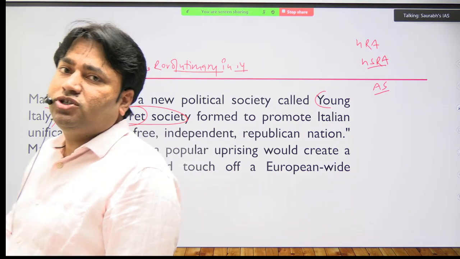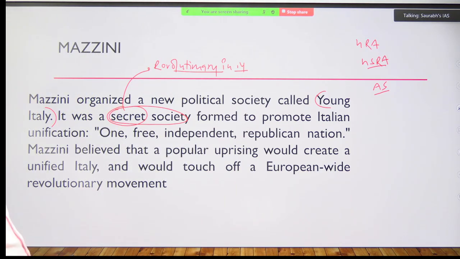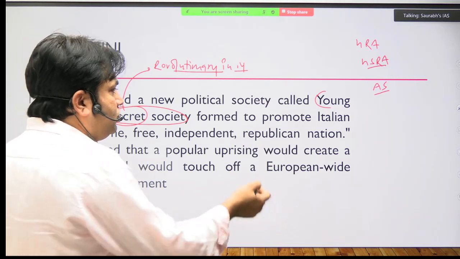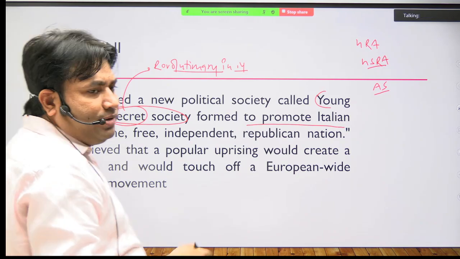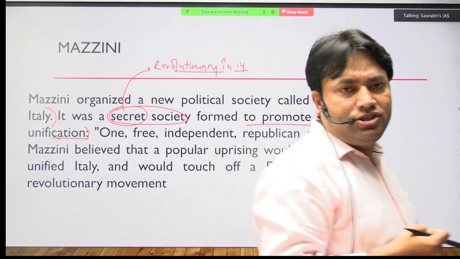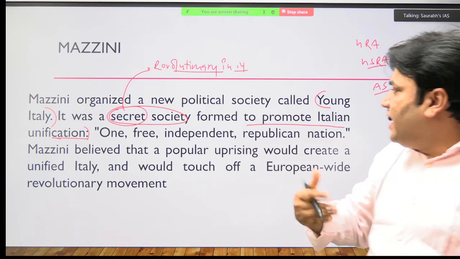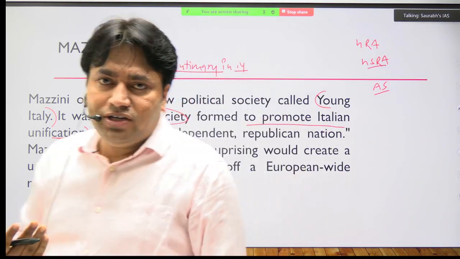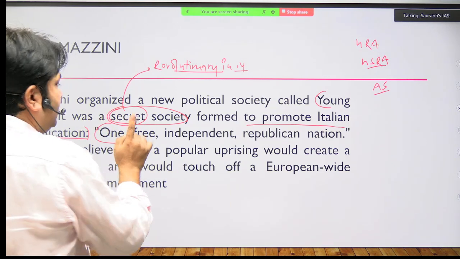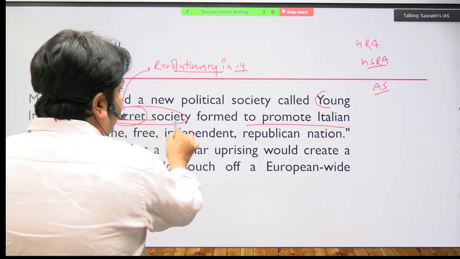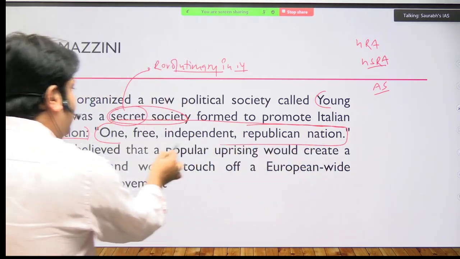So in the same way, this was also a secret organization. What was the objective? The objective was to promote Italian unification. It means these secret revolutionary organizations were trying to promote Italian unification. What they wanted was a unified, free, independent and republican nation.